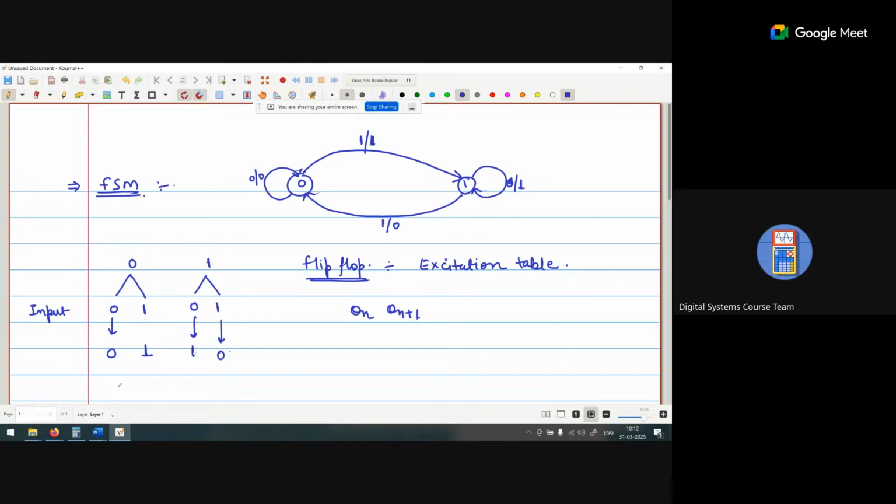With respect to this, if I design with the D flip flop, I can draw this table, and with the help of this table, I can design this FSM, finite state machine.